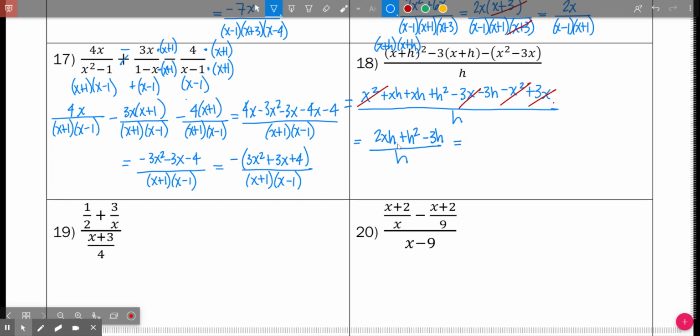If I factor an h out of the top, then I have h times 2x plus h minus 3 over h. My h cancels, and this factors all the way down into 2x plus h minus 3. This is actually what's called the difference quotient, and we'll talk more about it in the next unit.